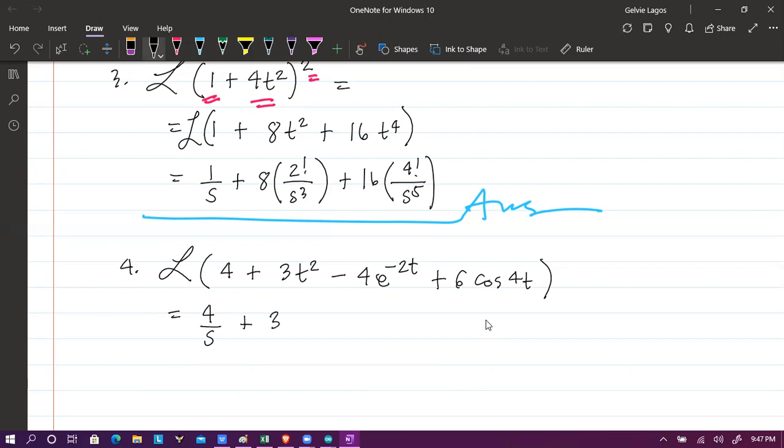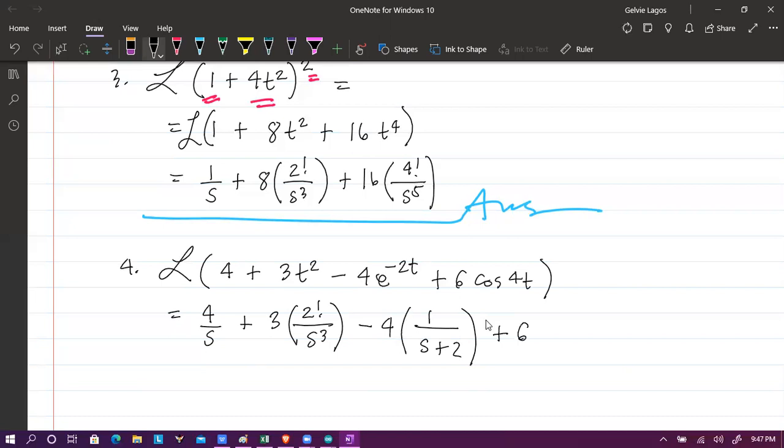So take out 3, and the Laplace transform of t squared is 2 factorial all over s cubed, and take out 4, and the Laplace transform of e raised to minus 2t. If you can still recall, the Laplace transform for that is 1 over s plus 2, and the Laplace transform of the last term, that is 6.